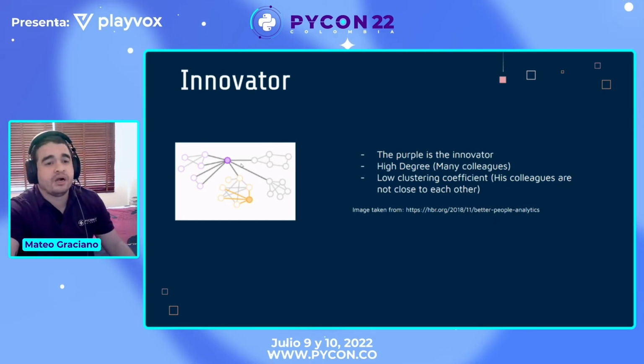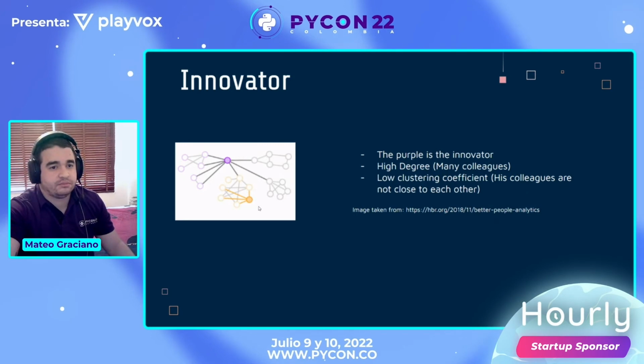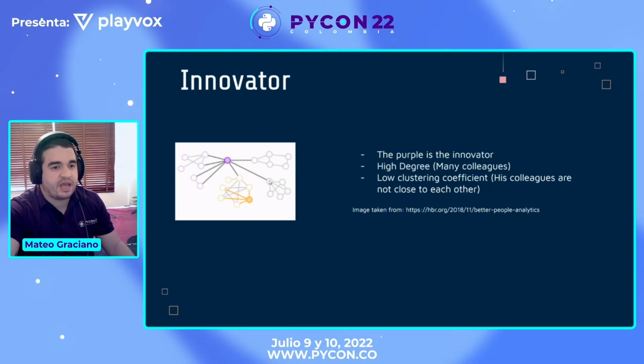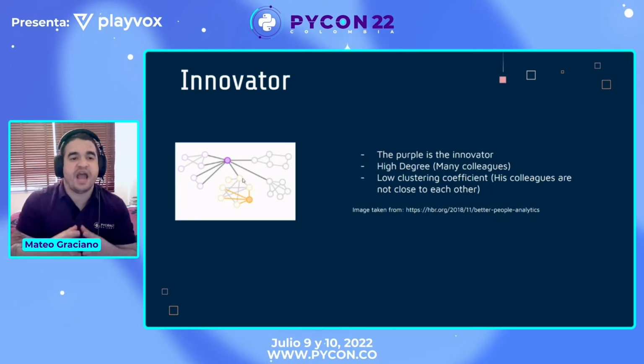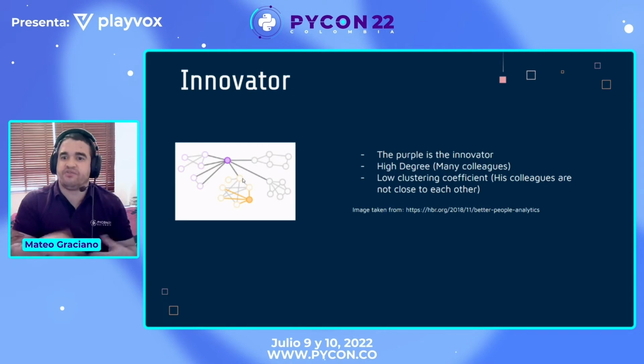But both maybe have a high degree, yes. But look at this. This person has a high degree, but they don't have a high clustering coefficient. His friends are not friends between them.